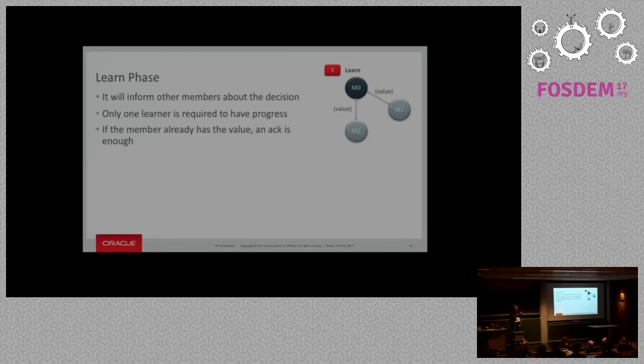And usually you can piggyback the learn message in the previous message in the accept phase, so that you don't need really to send any specific message saying, okay, that's the next message that has been decided. So you can basically piggyback this information in the previous phase of the protocol.